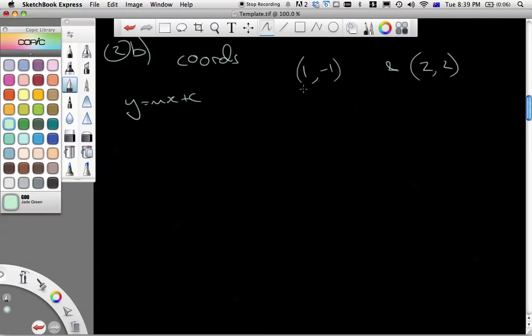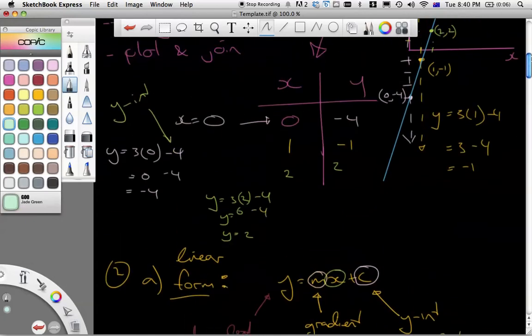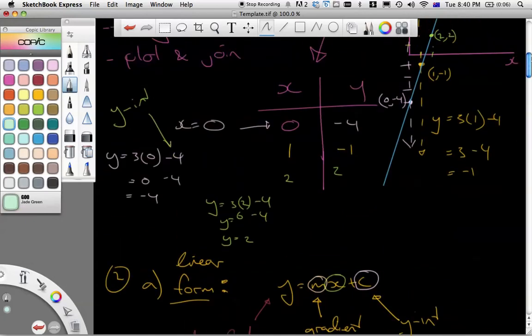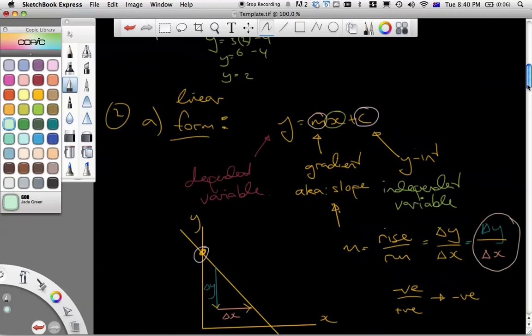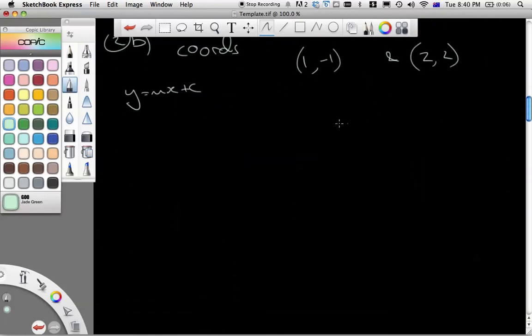Can we just read it off? The answer is no. From before we could, that's why I just changed, because when x is 0, we've got the y-intercept. Remember, x is 0 all along this line. So, do we have the y-intercept? No. So we can't just write this straight away.